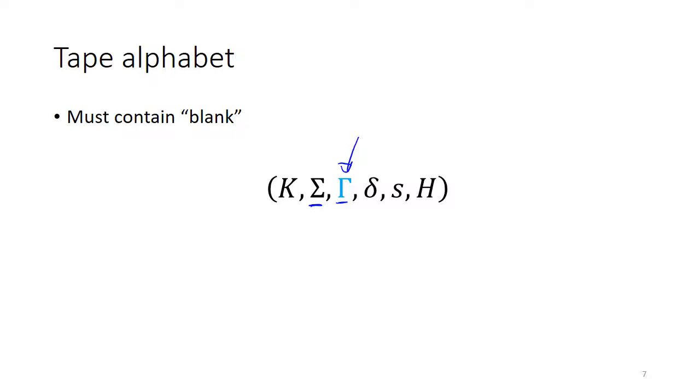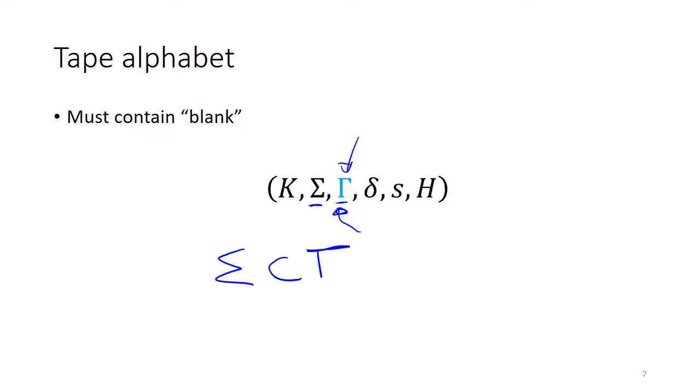So every element that can appear in an input string must also be able to appear at some point on the tape. So when we define our new extra alphabet, which we call the tape alphabet, and we also represent using a capital gamma, that must contain all of the elements from our input alphabet.